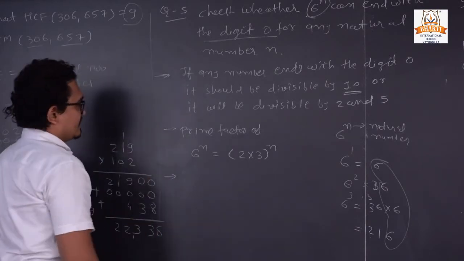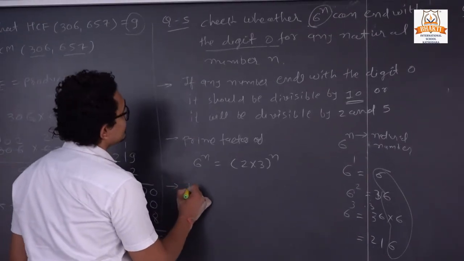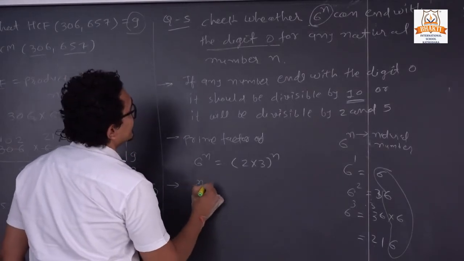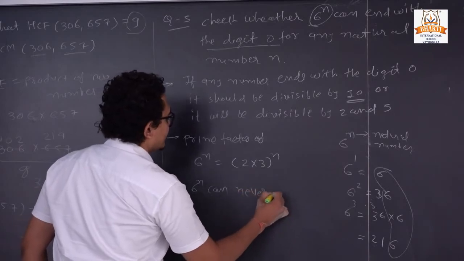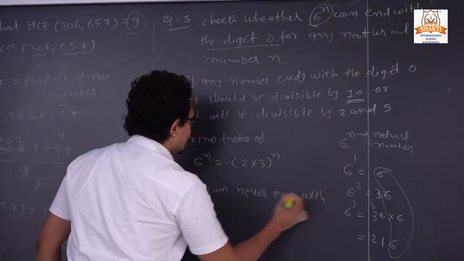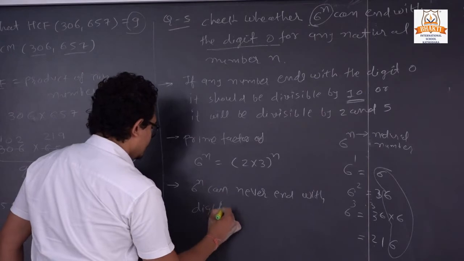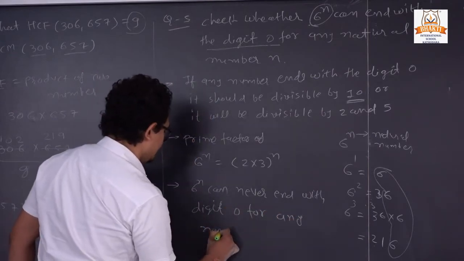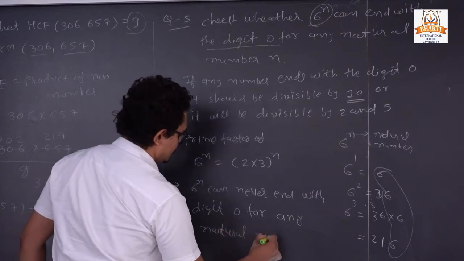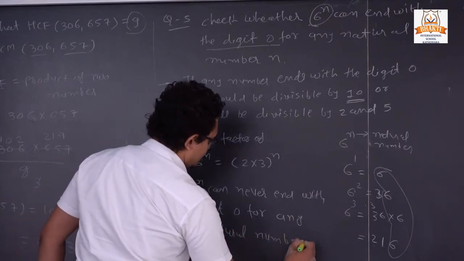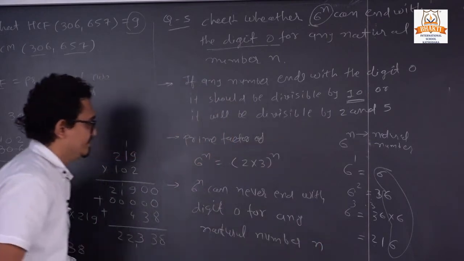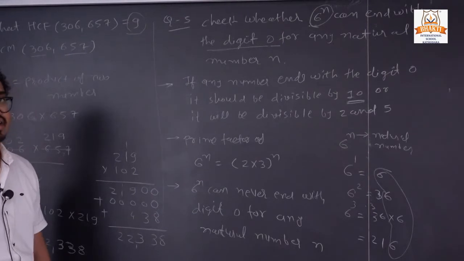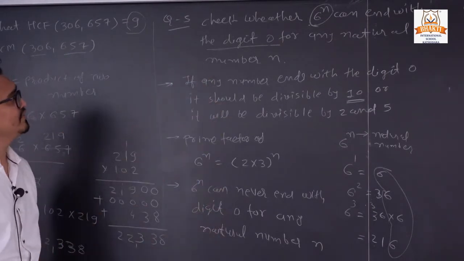So here we can write like that: 6 raised to n can never end with the digit 0 for any natural number n. So it is our question number 5.